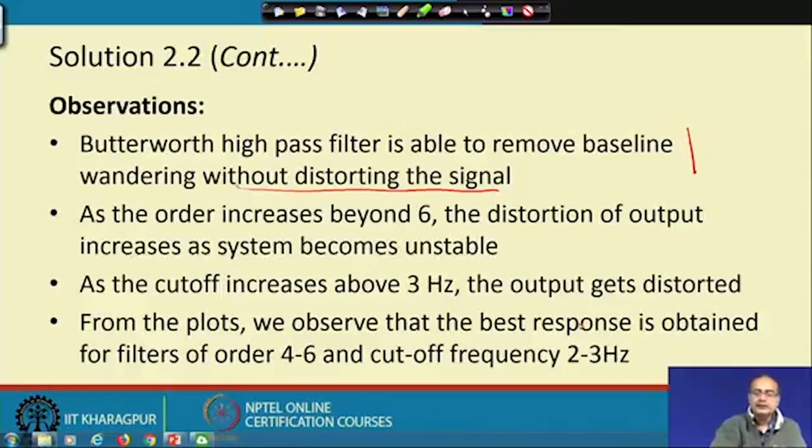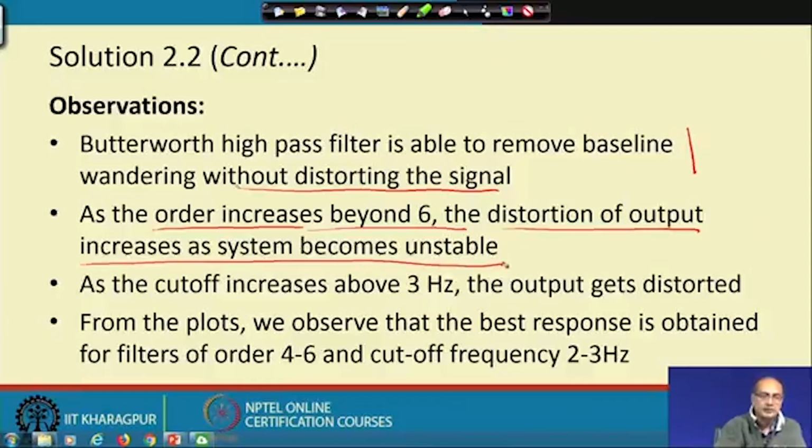The second observation is that as the order increases beyond 6, actually from 6 onward, the distortion of the output increases and it becomes unstable. From the 6th order itself, we have noticed that it is becoming unstable, so such a high model order is not desirable for the filter.